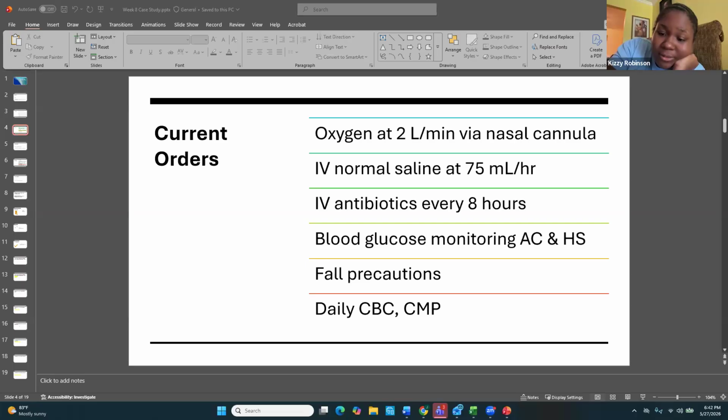Before meals, and at bedtime. So AC is before meals, and HS is at bedtime. After meals would be what? Anybody know what the abbreviation for after meals is?